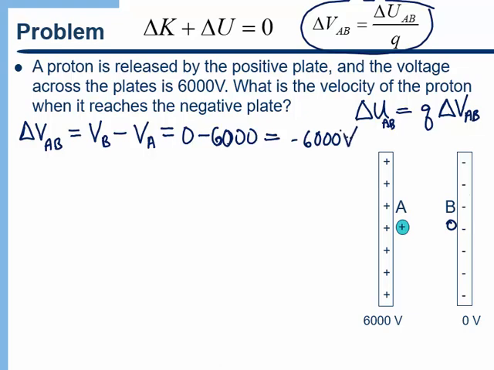All right, once we have that, we can now figure out what is delta U. Well, the change in potential energy as the charge goes from point A to point B is just Q times the electric potential difference that it went through. And in this case, it's an electron, or sorry, it's a proton, so the charge is 1.6 times 10 to the negative 19th.